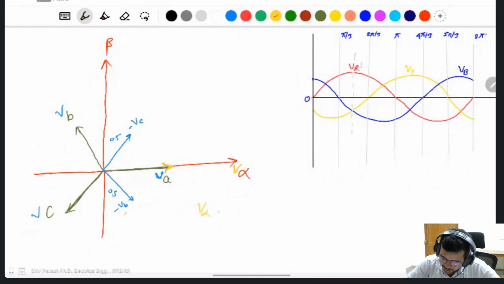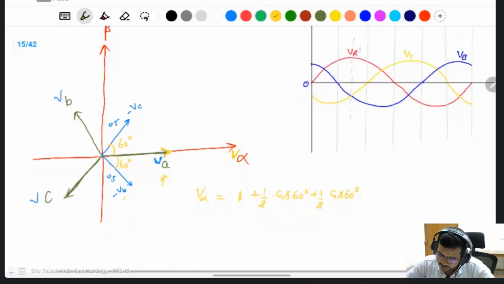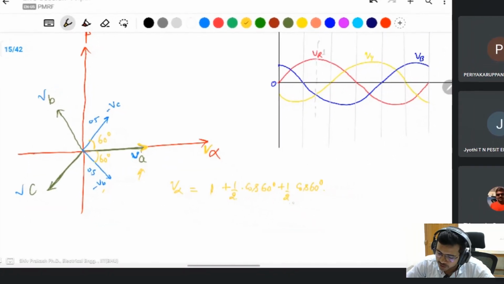The V alpha is the total VA plus the projection of this one on that. VA is 1, by 2 into cos of 60 degree. The angle difference between them is 60 degree only. Cos 60 degree is 0.5.